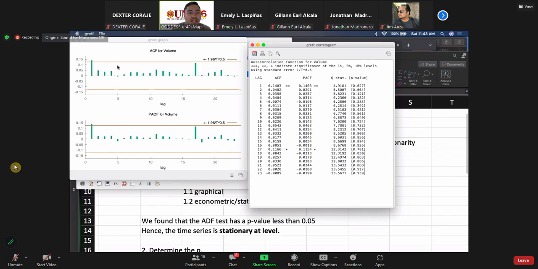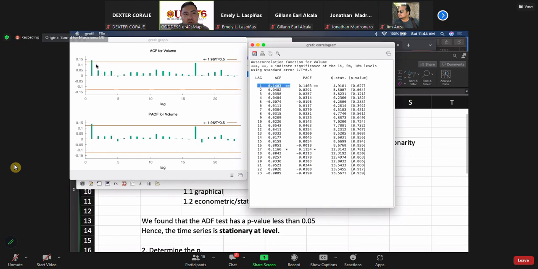So what if all of them cross? If the first 5 cross and the 6th does not, then your ACF value is 5 because it is only there that it remains significant. But in this case, it is only at lag 1 that the ACF is significant, because if you look at the graph, it crosses the red line.